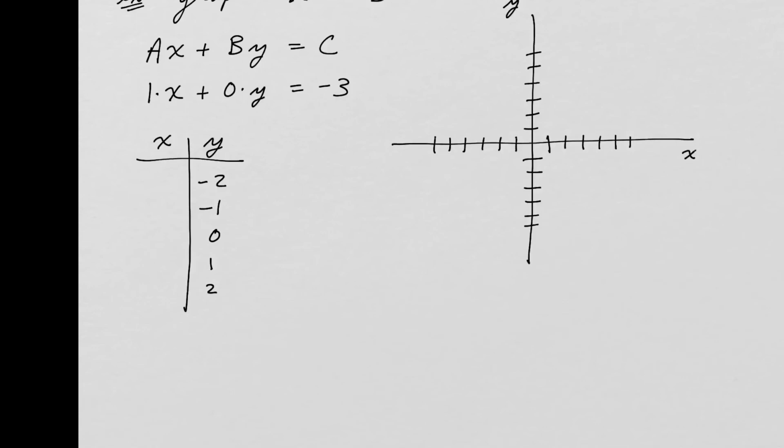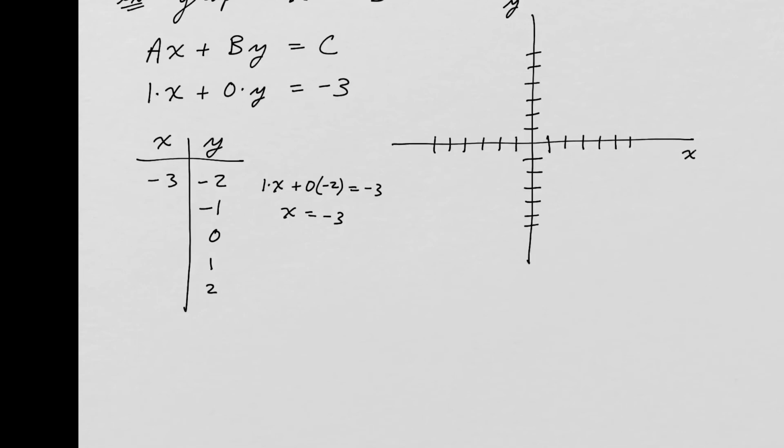If I plug in -2 there for y, what's going to happen? Well, I'm going to get 1 times x plus 0 times -2 is equal to -3. Well, 0 times -2 is 0, right? So I just get x is equal to -3. So when y is -2, x is -3.